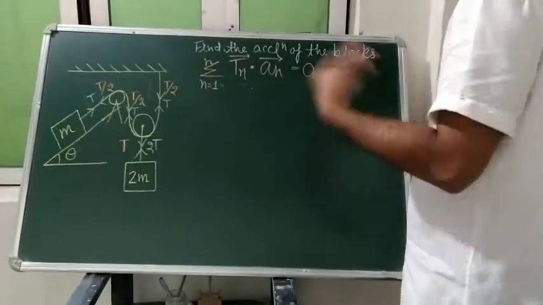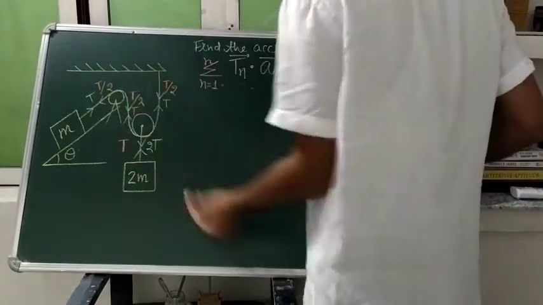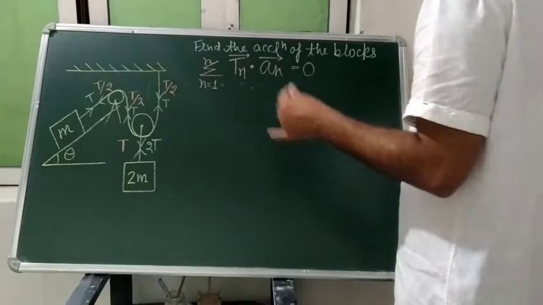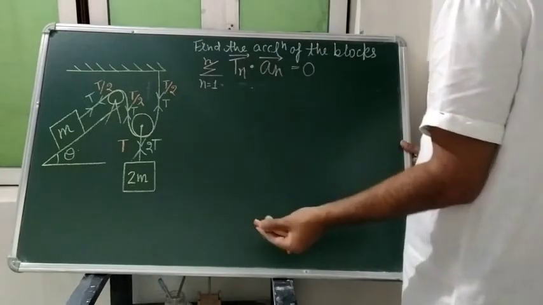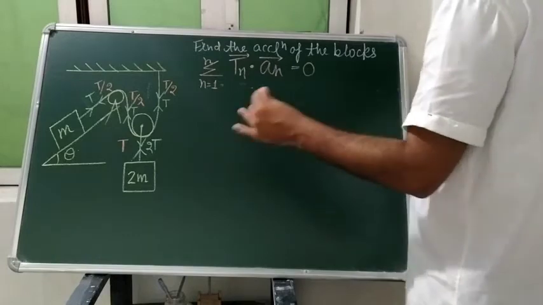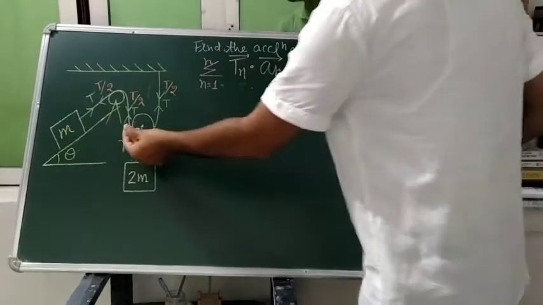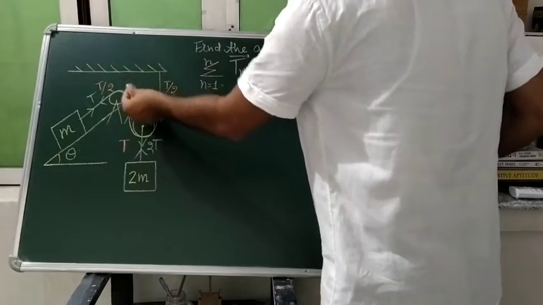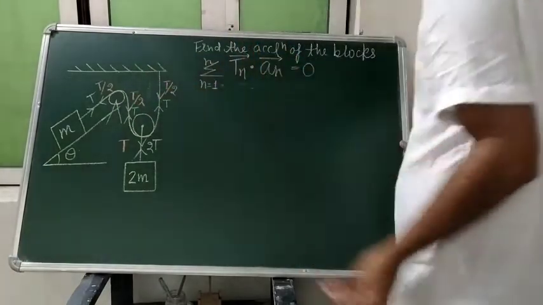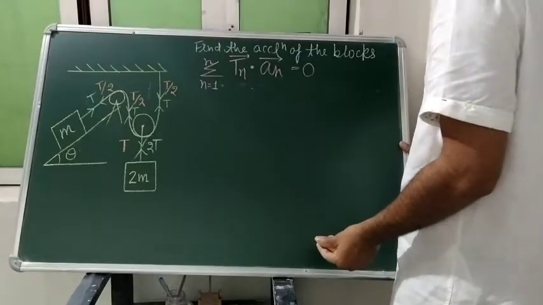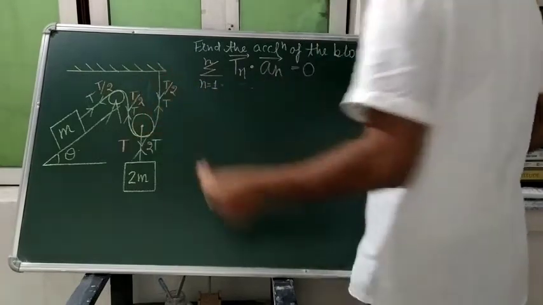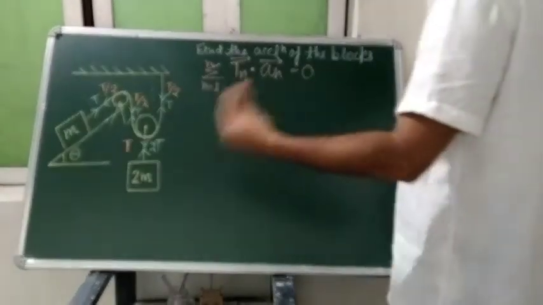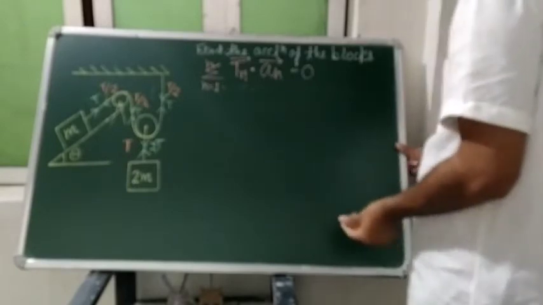So don't get confused about from which side we should select the tension. From any block you can select the tension, and you have to keep in mind that if T tension is acting here, then here T by 2 and T by 2 tension will act. When you add this T by 2 and this T by 2, only then T is going to come. So keep that point in your mind.